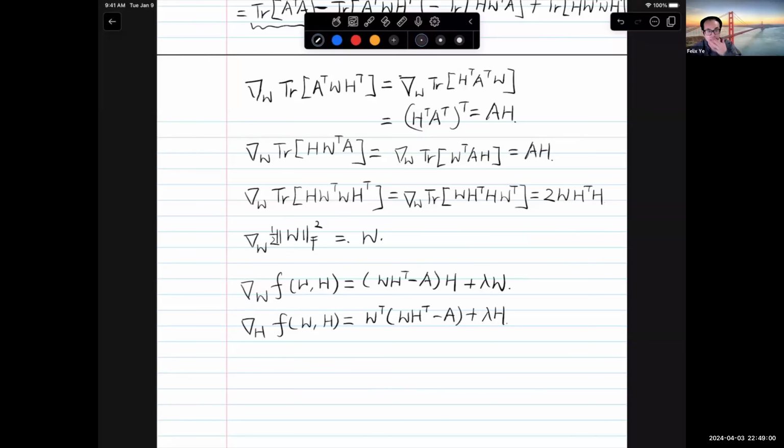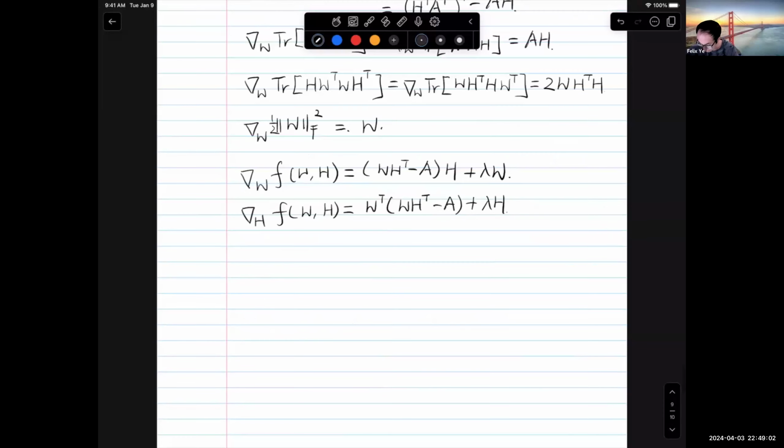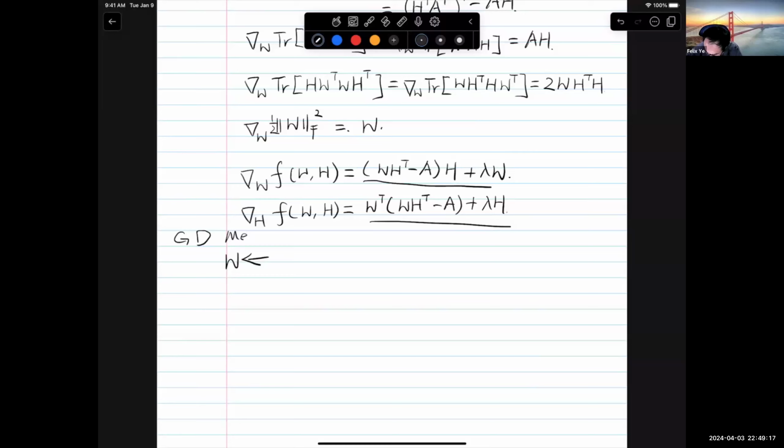All right. So with the derivatives that we have, we can update our W and H accordingly, right? With this derivative we can use gradient descent methods to update my W and H. So again, my W here is being updated. So this is gradient descent. The W is updated as follows.